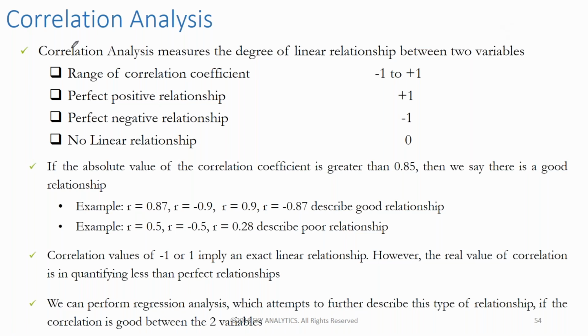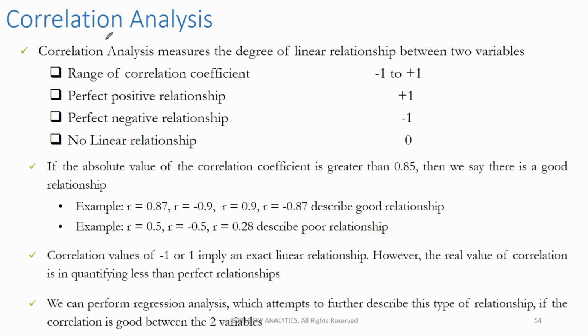Note down this slide, whatever I explained with respect to correlation analysis. Correlation analysis is denoted by small r, that is called your correlation coefficient. And the range of correlation coefficient will be -1 to +1. The perfect positive relationship will be 1, and perfect negative correlation will be -1. No linear relationship will be 0. If it is greater than 0.85, it is called strong.